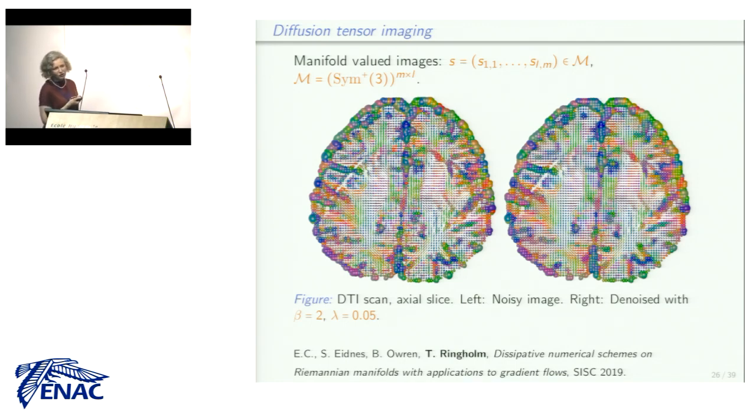Again, it's a total variation denoising problem, and the manifolds are the symmetric matrices, okay? And these experiments were made by Torbjörn Ringholm. Okay, I see that my time seems to be up.